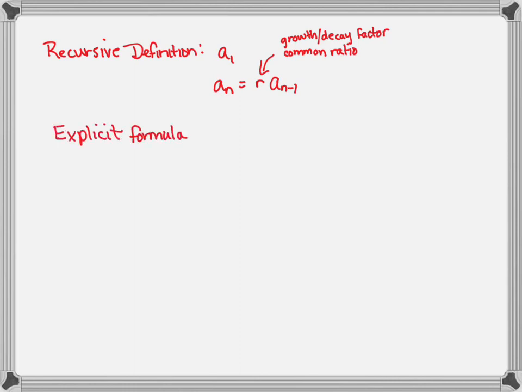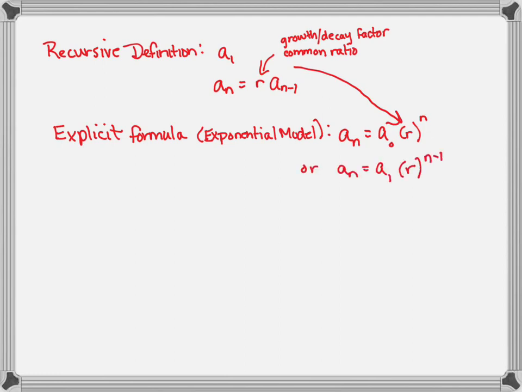Our explicit formula, or our exponential model, can be found by writing A sub n equals A sub 0, the original amount, times r to the nth power. And r is, again, either the growth or decay factor or the common ratio. We could also write this explicit formula as A sub n equals A sub 1 times r to the n minus 1 power if we don't have our original value A sub 0.